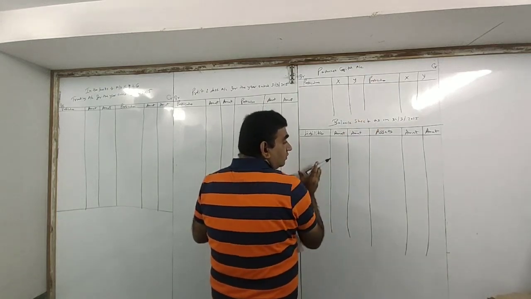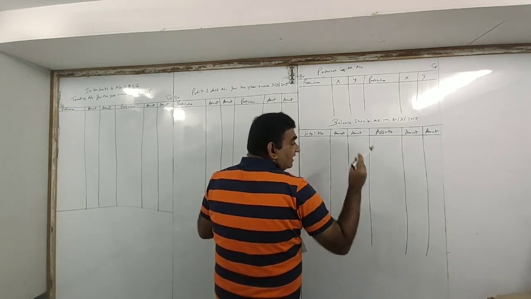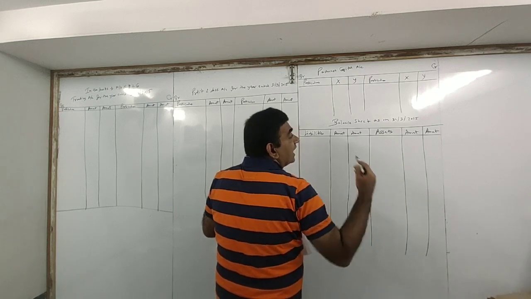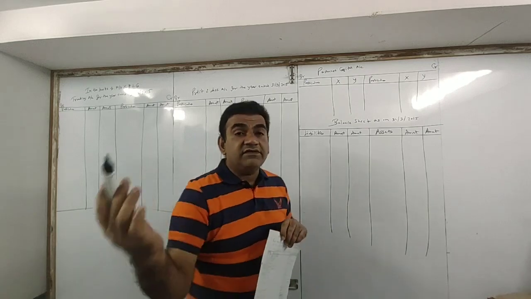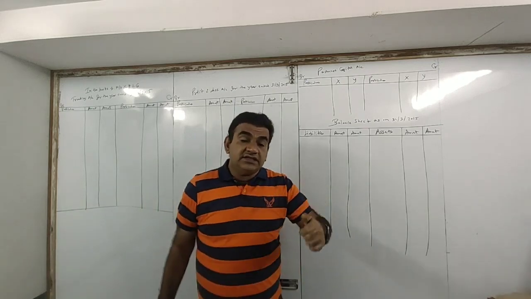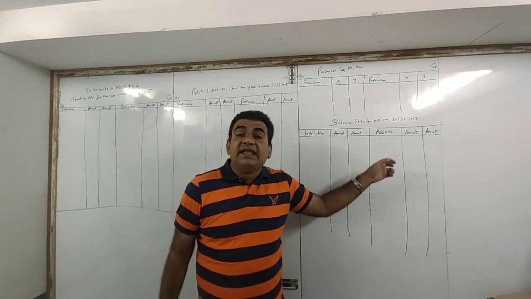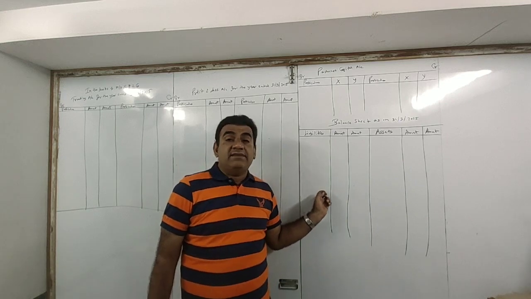Balance sheet, two parts, liabilities and assets. You all know any cash balance, bank balance, property, furniture, all are a part of assets. If I am supposed to receive anything from somebody, sundry debtors, debtors means the person from whom I have to receive, it's an asset. Anything receivable is an asset, anything payable is a liability.